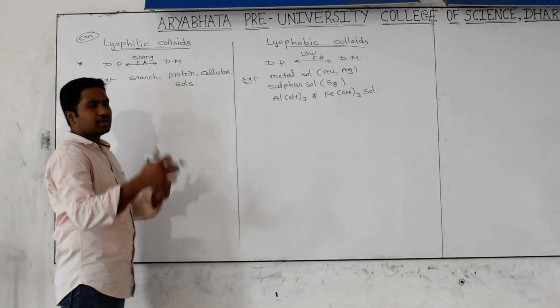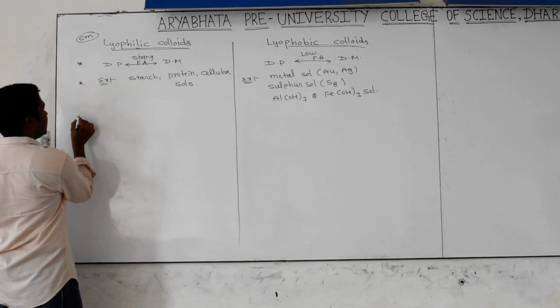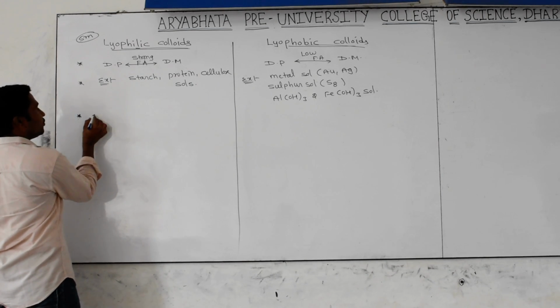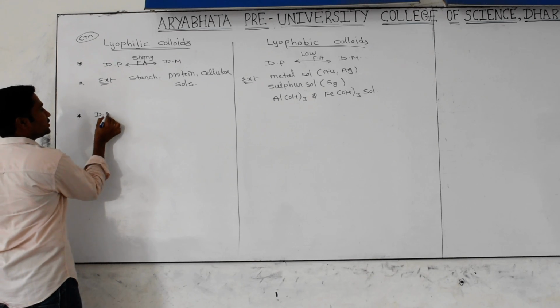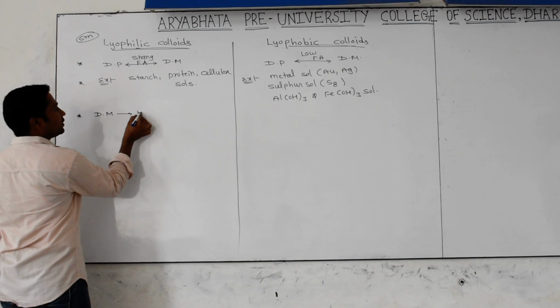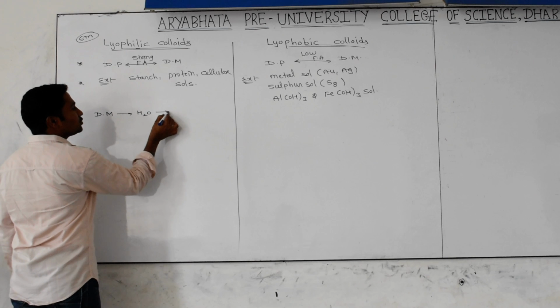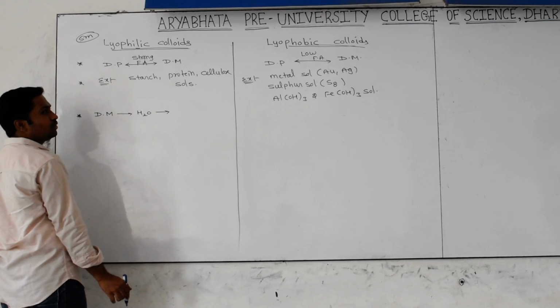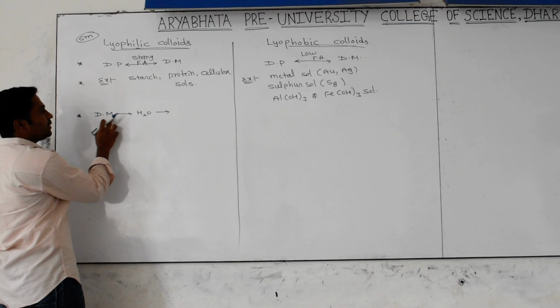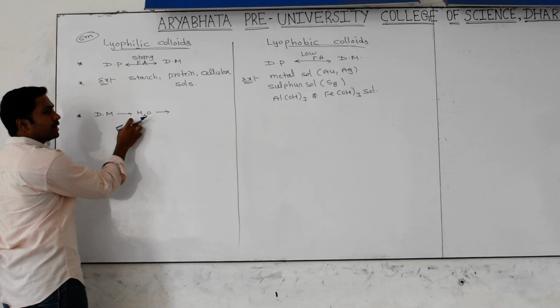Coming to some special characteristics. In case of lyophilic, if the dispersion medium is water, then we call that sol by a special name. Yesterday I already told: if the dispersion medium is water, we call it hydrosol or aquasol.